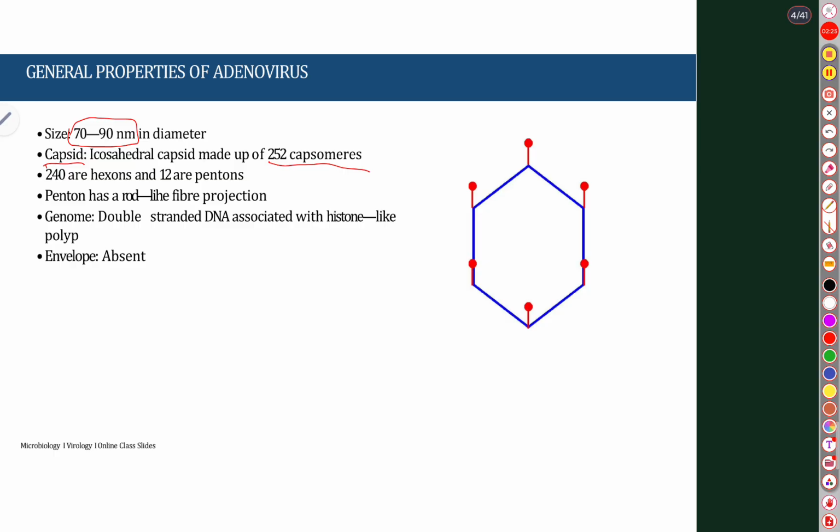Out of those 252, 240 are hexons, and the remaining 12 are pentons. The penton has a rod-like fiber projection. Talking about the genome, it is double-stranded DNA associated with histone-like polypeptide, and as it is non-enveloped, the envelope is absent.